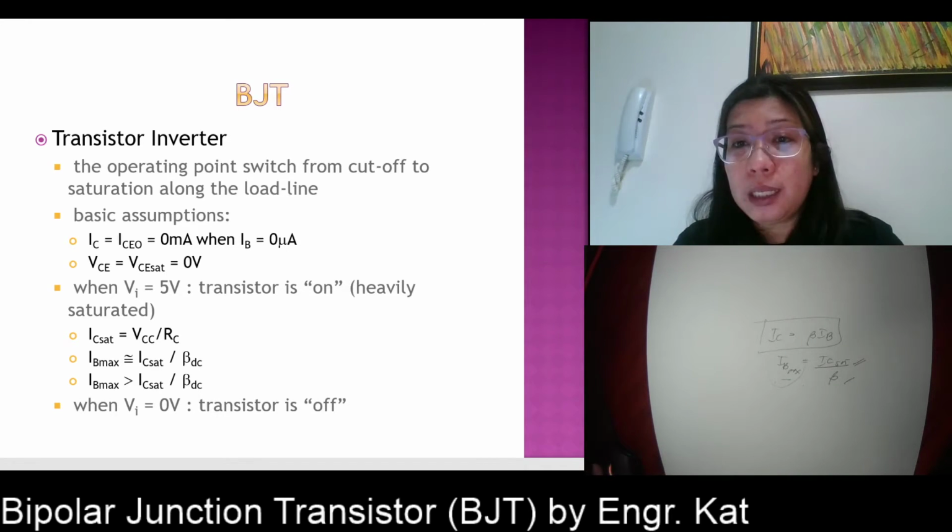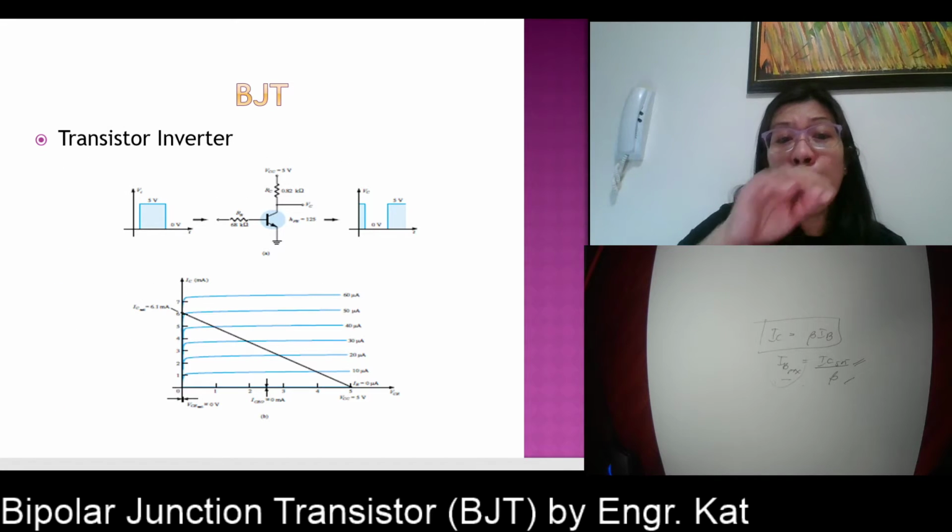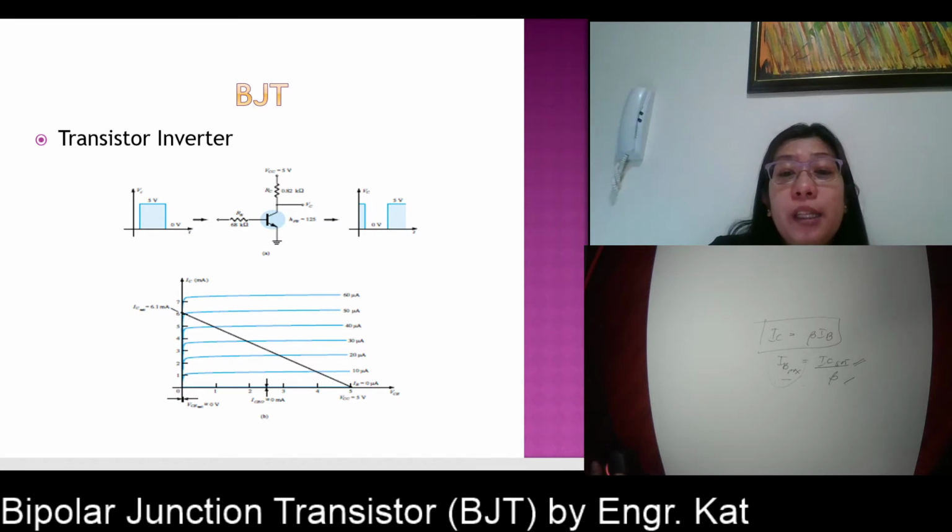If we go back here, we have different levels for IB. This is the same load line that we discussed previously. If you want your transistor to operate as an amplifier, we choose safe values for IB: you can choose 10, 20, 30, or 40.